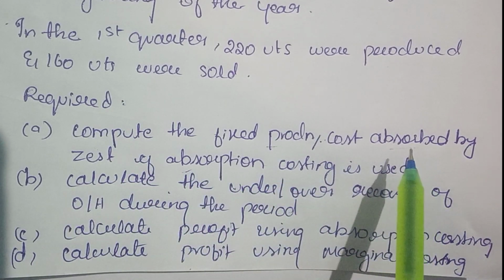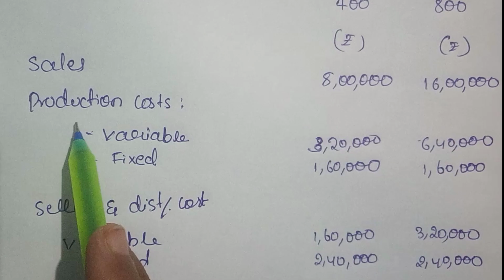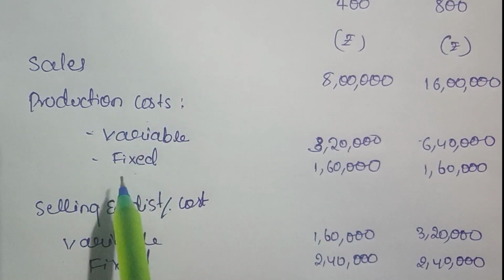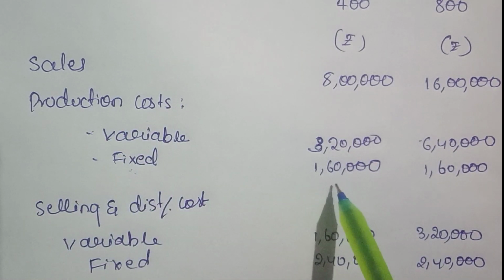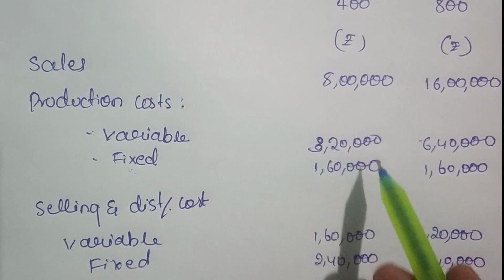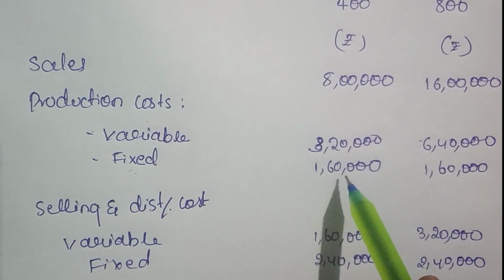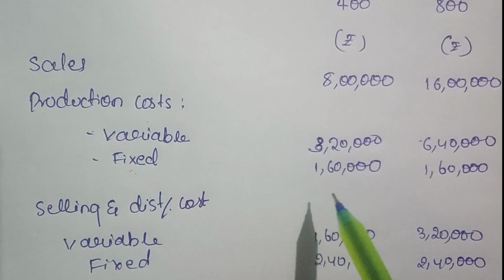The first question is to compute the fixed production cost absorbed by Zest if absorption costing is used. Just go to production cost and go for fixed. They have given fixed as 1,60,000 at 50% level of production. So we don't have the per unit cost.